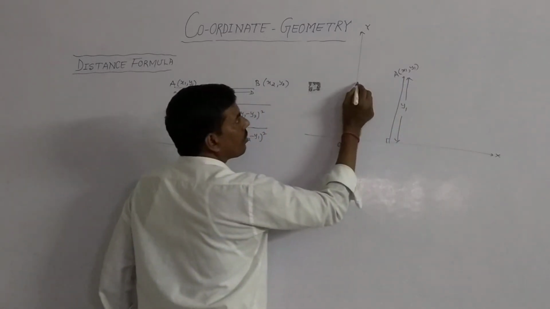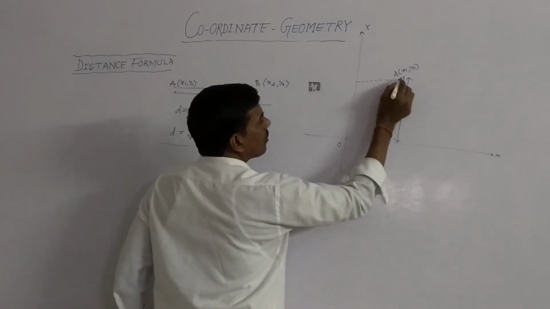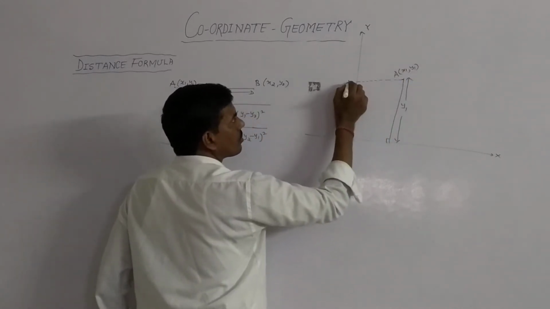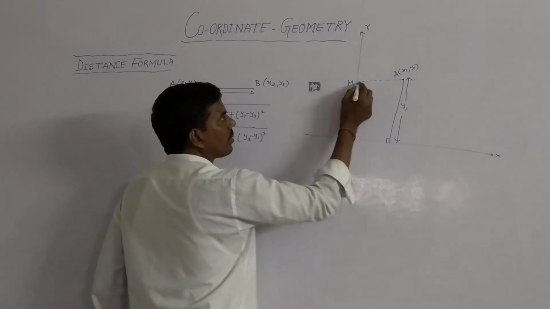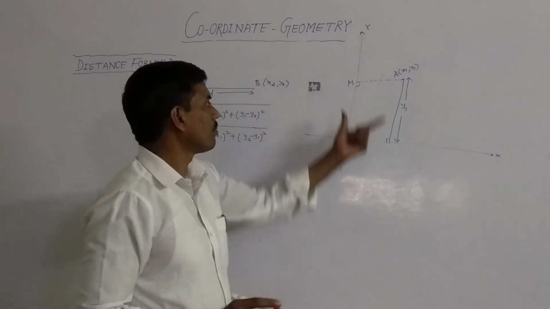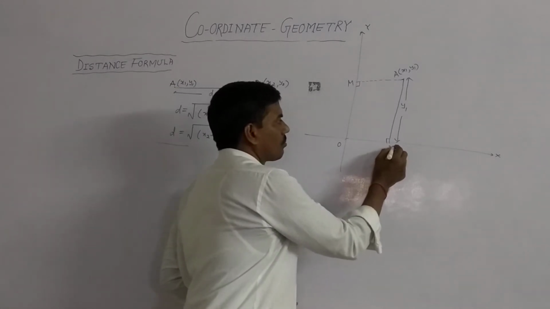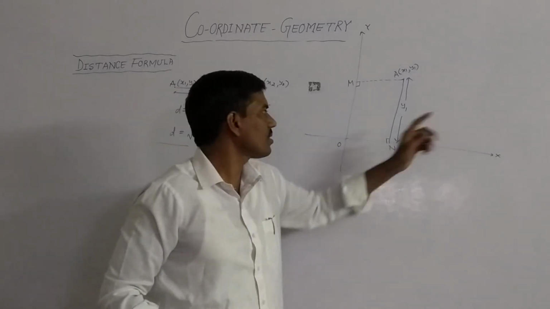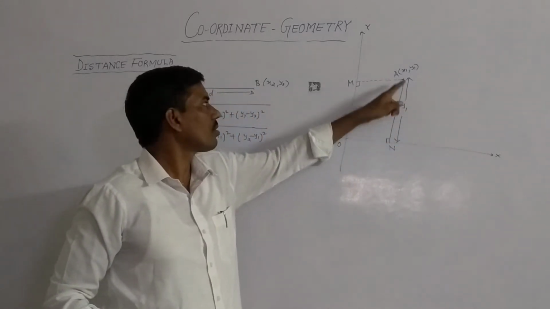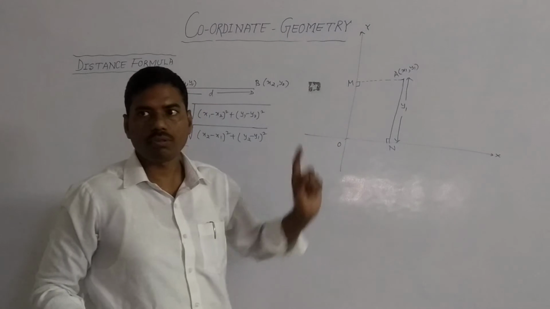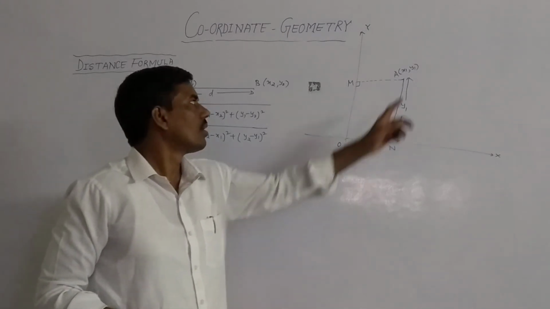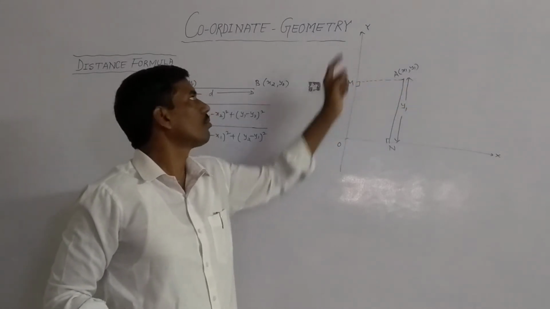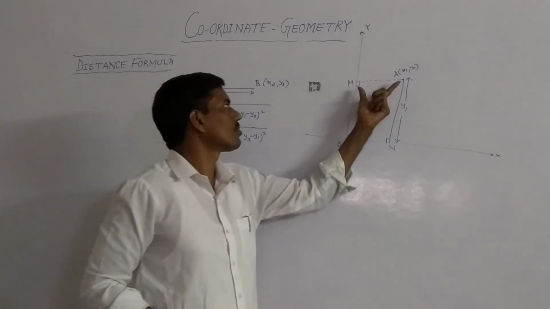Suppose this foot is N, so AN is perpendicular to the x-axis, and the measurement of AN is y1 according to the coordinates. And if we draw a perpendicular from A to the y-axis, suppose AM, this becomes x1.